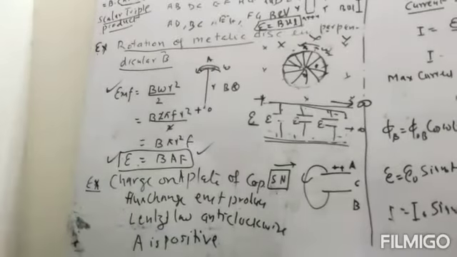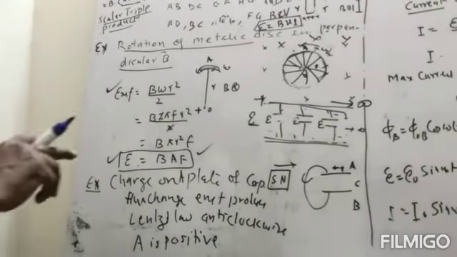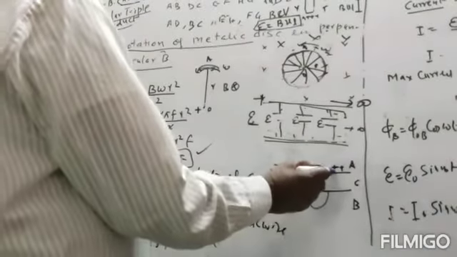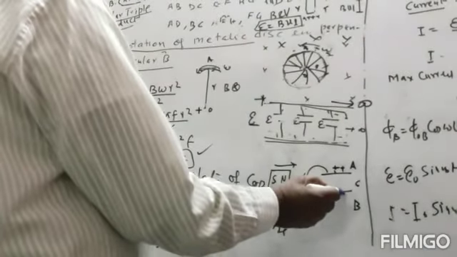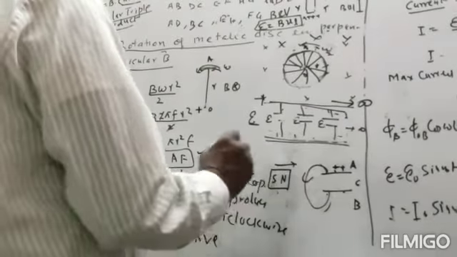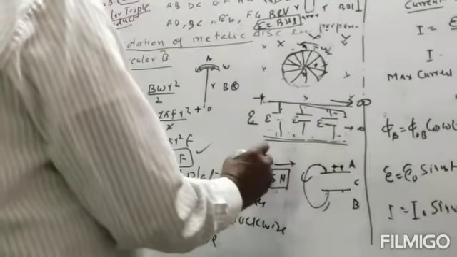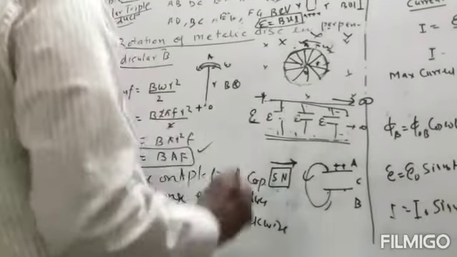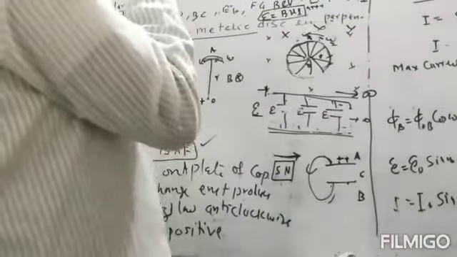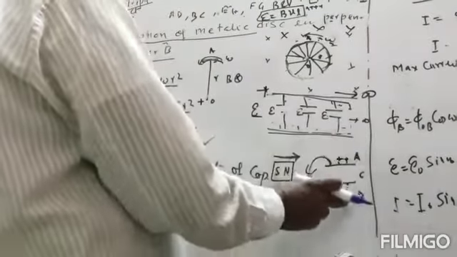Now the next exercise is, if we have a capacitor whose plates are A and B, and they are connected by a wire, and we have a magnet moving towards the condenser, then what will be the charge on A and B?